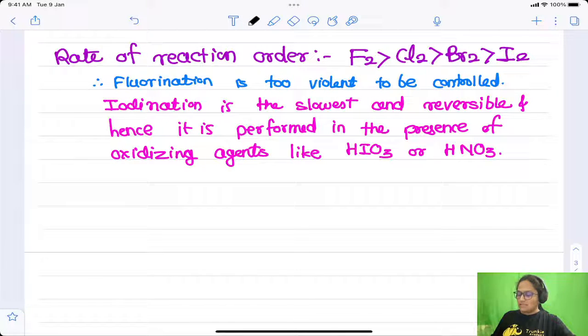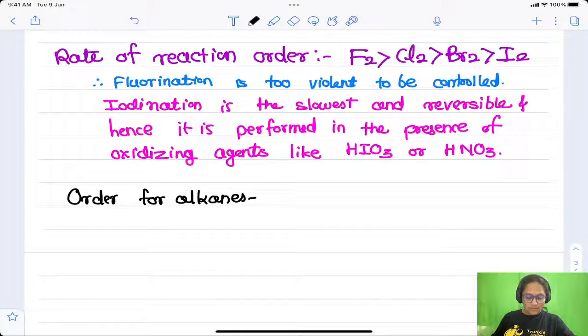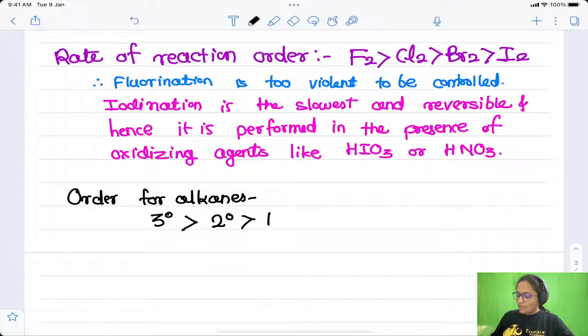Now, if they ask the order for different types of alkanes, in that case also the tertiary will be more reactive than secondary, than primary.